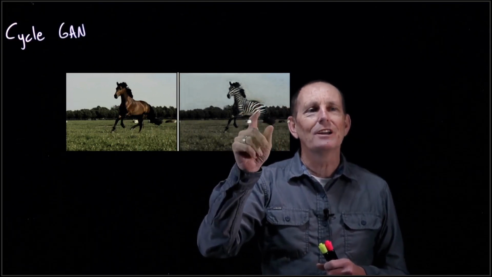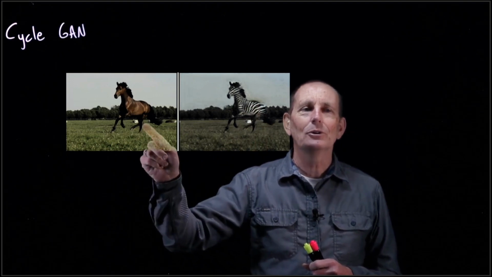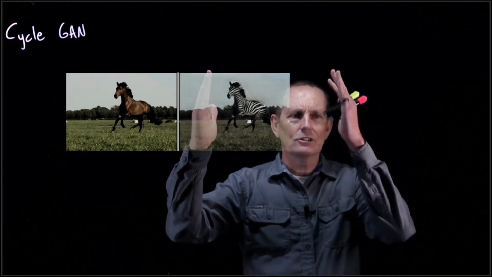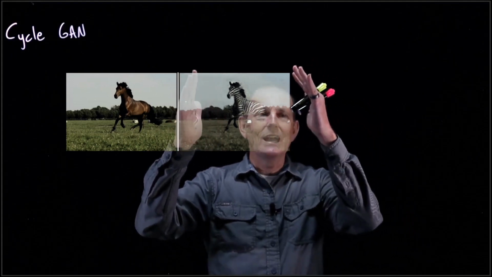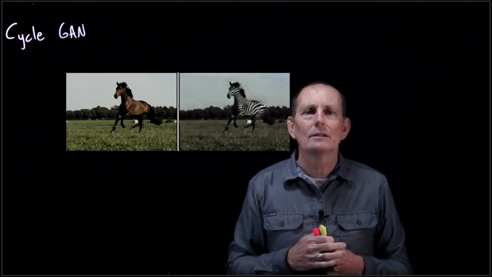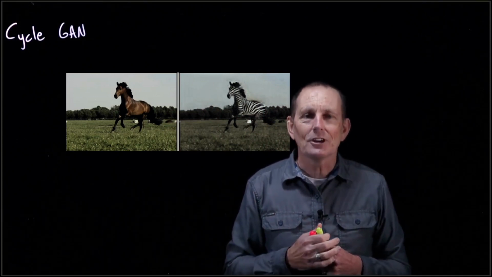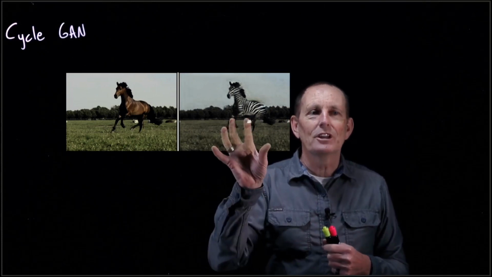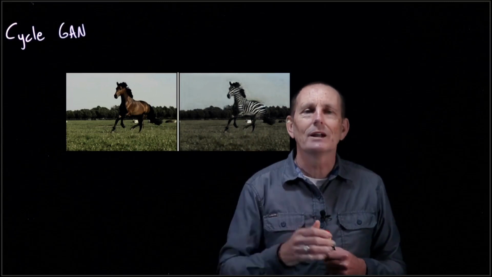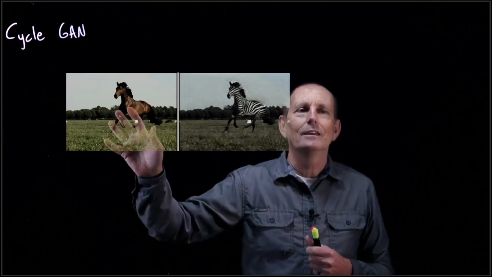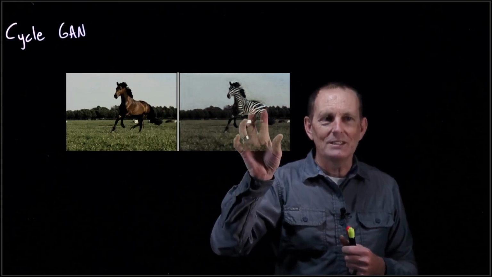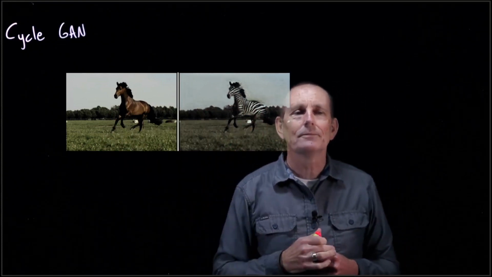But how did the zebra generator know to come back to a brown horse instead of a black horse or a white horse? If you just look at a zebra image in isolation and say, create me a horse from that, you wouldn't know what color to create. Yet, it turns out this horse generator would generate horses of the right color, such that if we took the zebra generator and generated a zebra and then went back from this image, we would generate a horse of the right color.